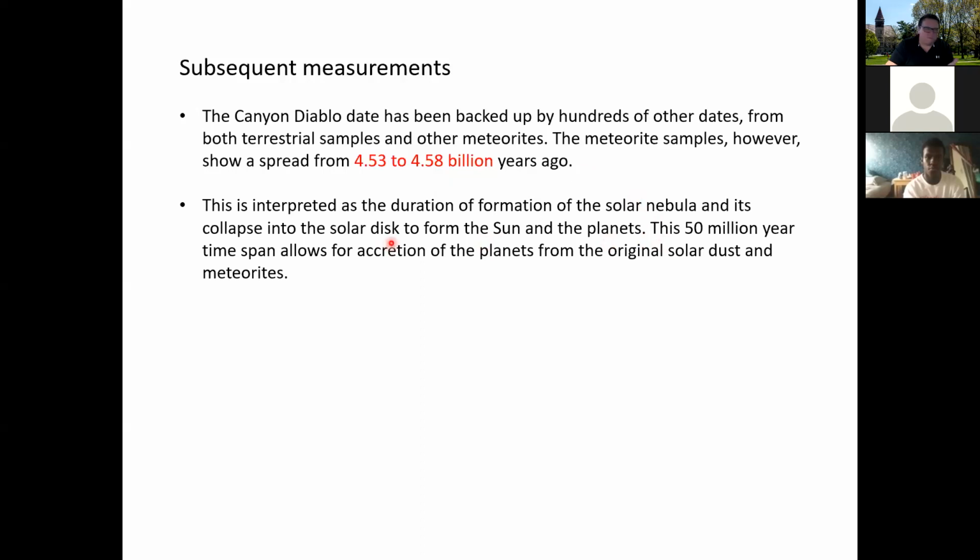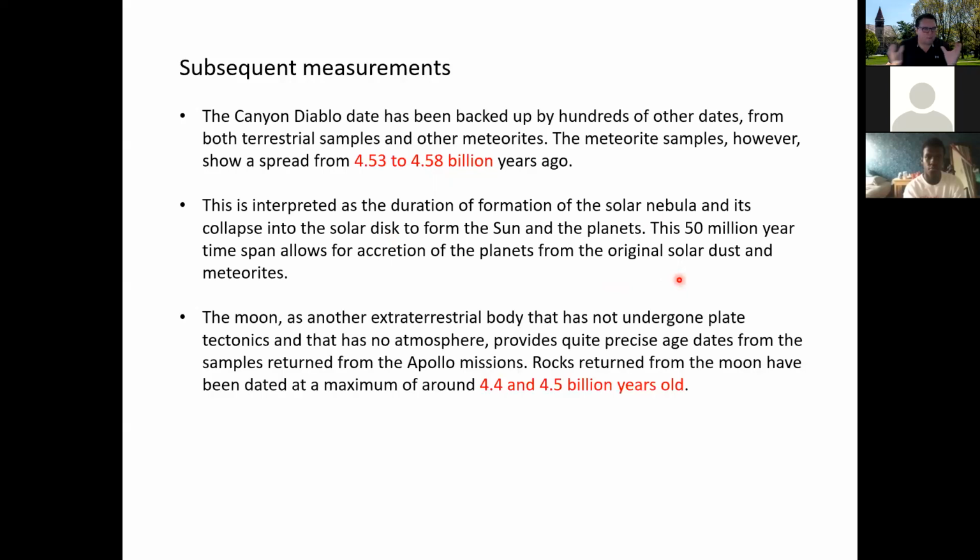And this 50 to 70 million year time span is what we believe is required for the accretion of planets from the original solar dust and meteorites that actually make these gravitational eddies that later grew and became the planets.